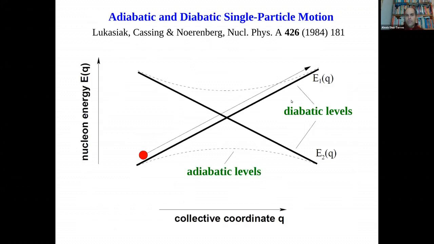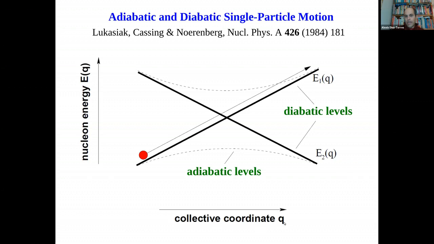Well, one possibility is to think that this adiabatic motion of the particles is not fully true. So here in this schematic picture, I show you the energy on the y-axis, and the x-axis is a collective coordinate.